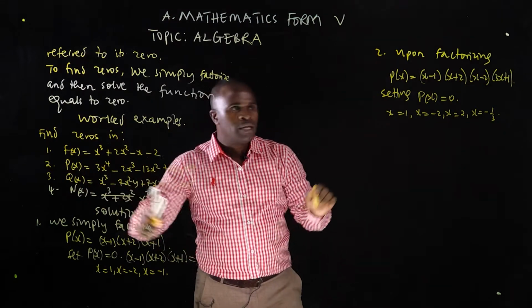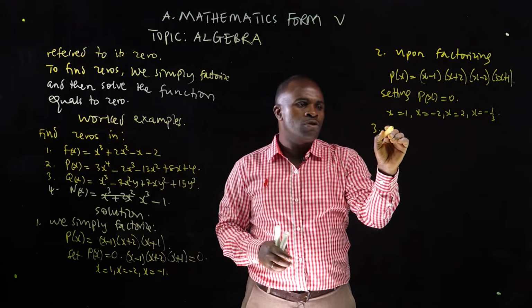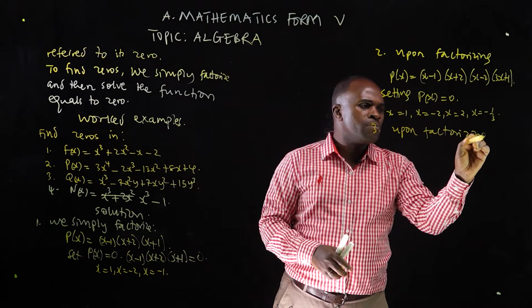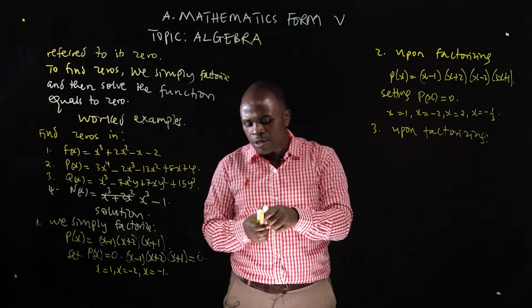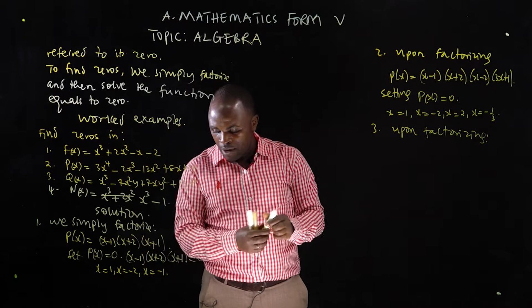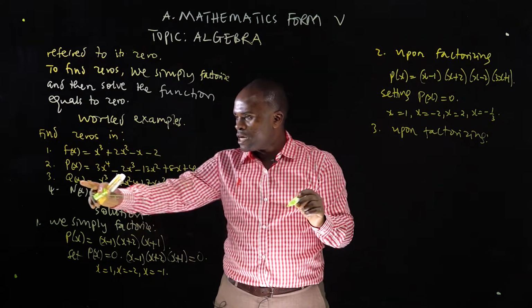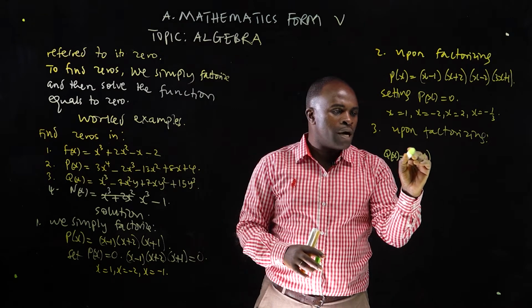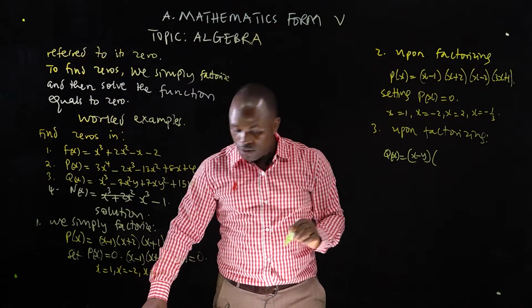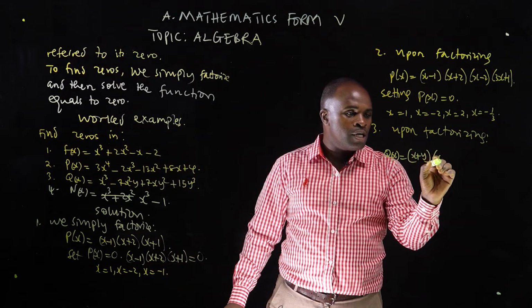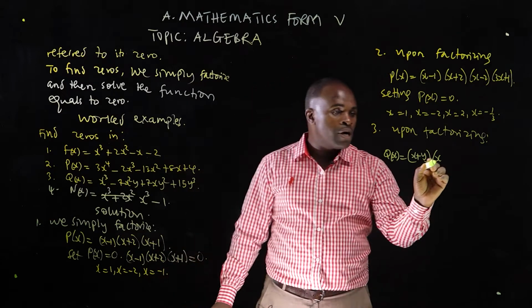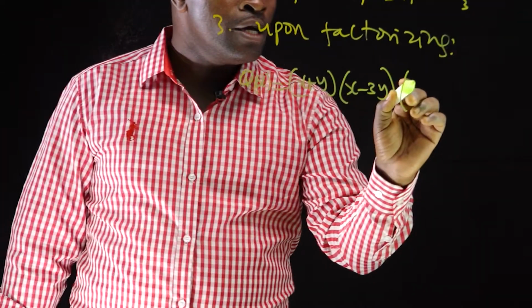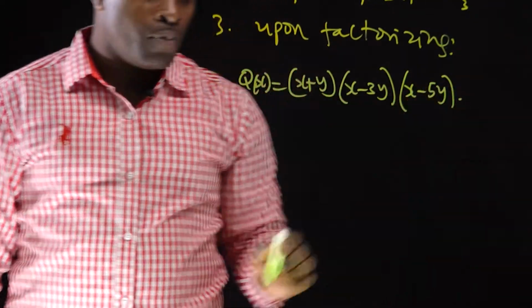So I could be checking again question number 3, which upon factorizing, we have seen how the factorization of this expression could go about. The function q of x becomes x plus y, and then x minus 3y, and next we will be having x minus 5y upon factorizing.